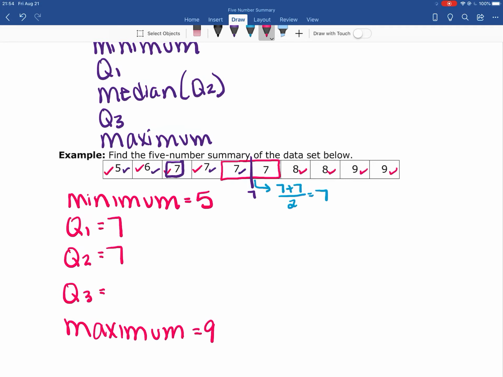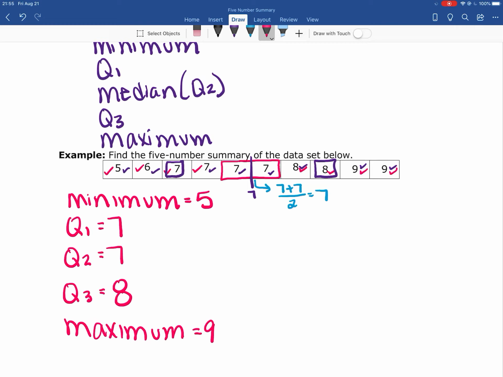And then we're going to do this one more time. We're going to go ahead and find Q3 by looking at the right half of the data. So that's the 7, 8, 8, 9, and 9. So I have 7, 8, 8, 9, and then I have a Q3 of 8.